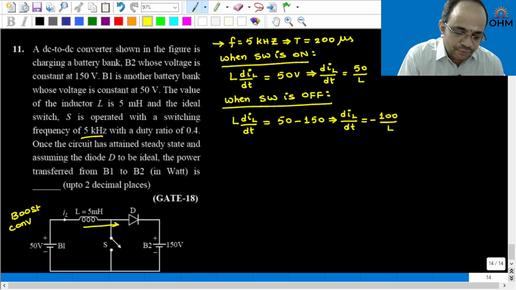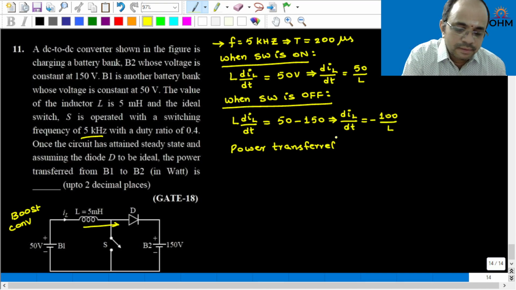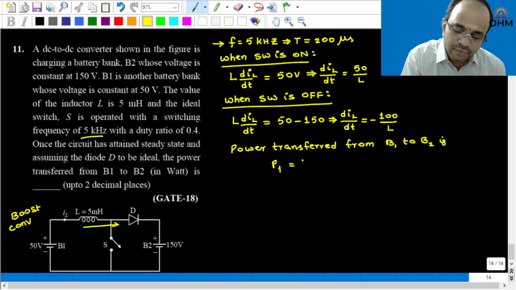Now, we need to find out how much power is transferred from B1 to B2. That means the power transferred from B1 to B2, let us say P1, is equal to the voltage across battery 1, let me call it V1, multiplied with the average inductor current.